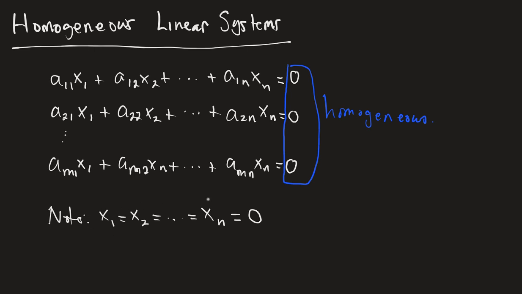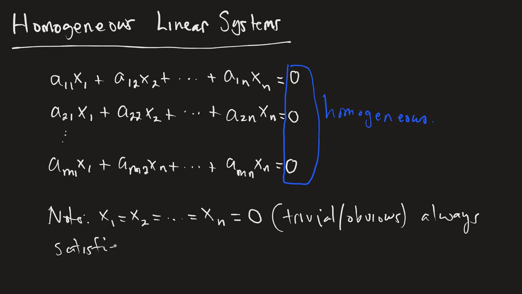So note that this solution where all the variables are equal to 0, often called the trivial solution or obvious solution, always satisfies a homogeneous linear system.